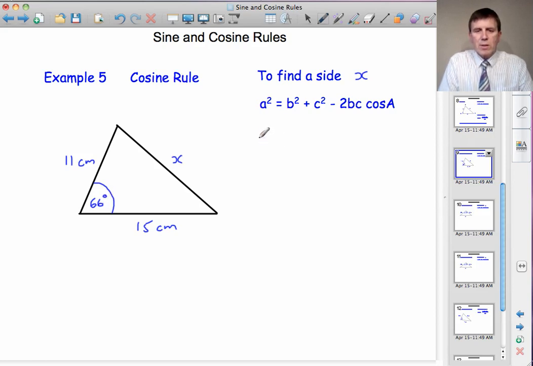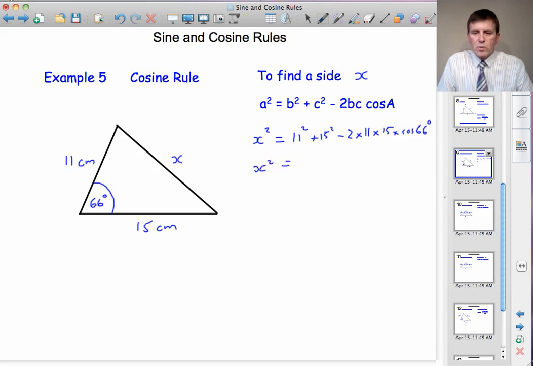So I can write down that x squared is equal to the sum of the squares of the other two sides, 11 squared plus 15 squared, minus 2 times 11 times 15 times the cosine of 66 degrees. And that can be entered straight into the calculator to find x squared.